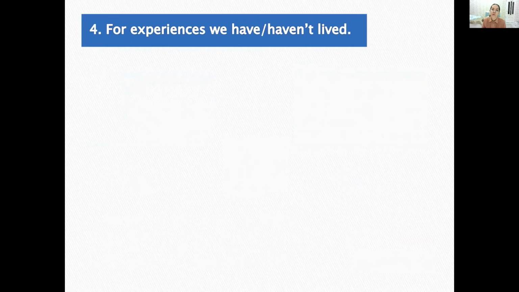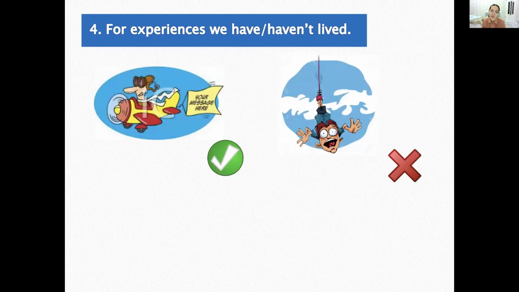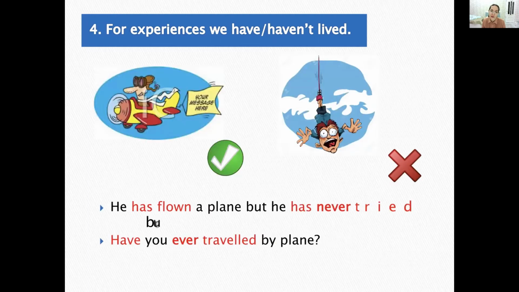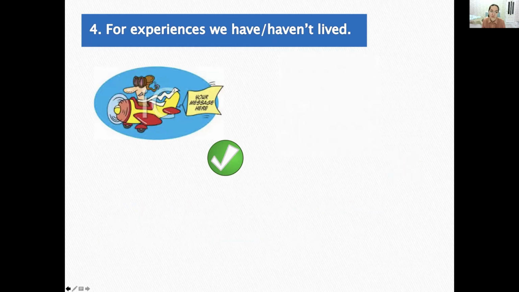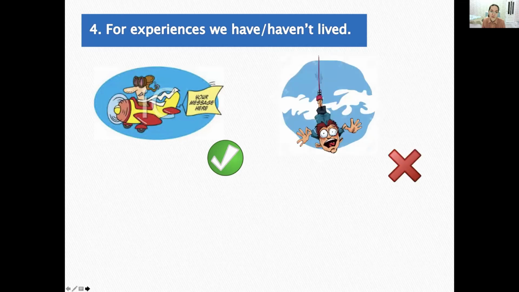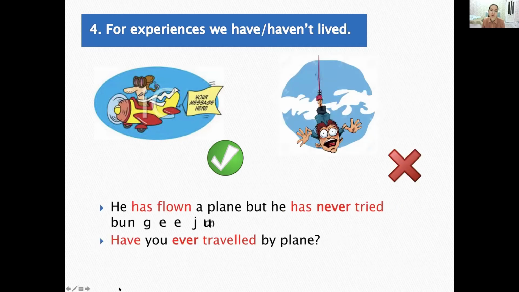Number 4, for experiences we have or haven't had. For example, he has flown a plane, but he has never tried bungee jumping. Yeah, he has flown. He has flown a plane, but he's never tried bungee jumping.